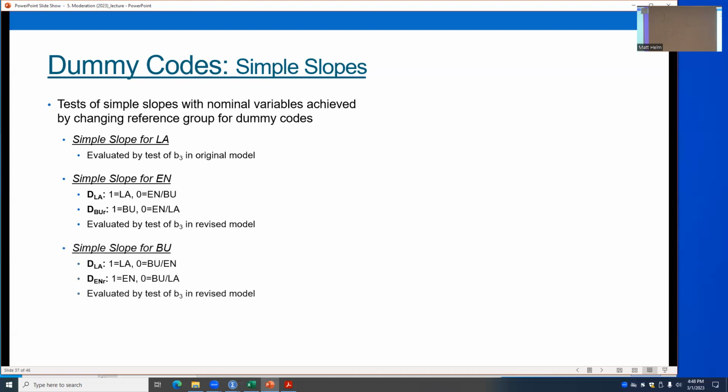Same thing for my simple slope for business. Again, I've got my dummy for liberal arts, got a dummy for engineering, and now B3 in that revised model is looking at the simple slope of the association of GPA on salary for business.